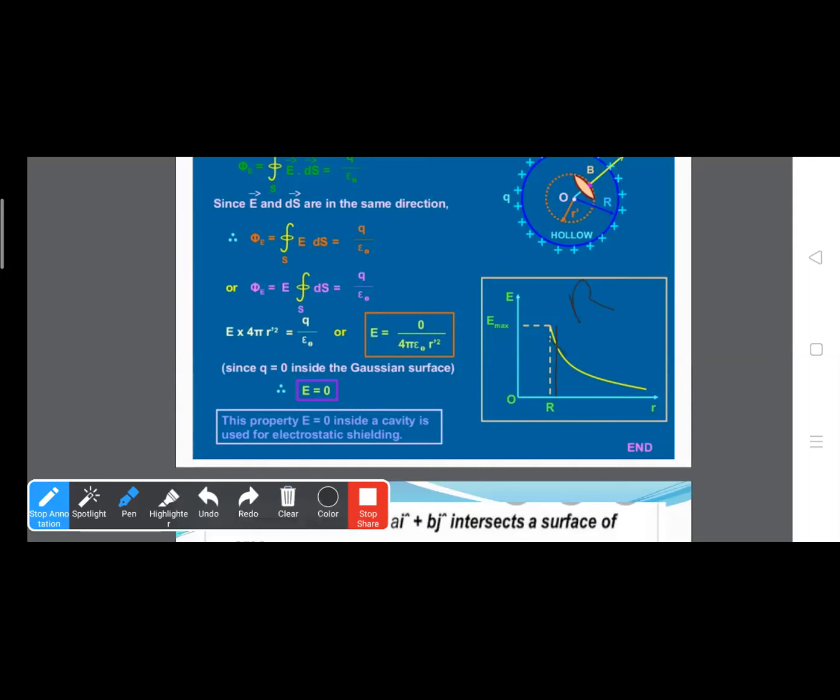At the center it's 0. Inside the surface it is 0, and outside the surface it is Q upon R square. Clear?